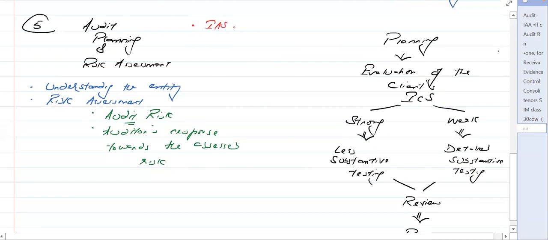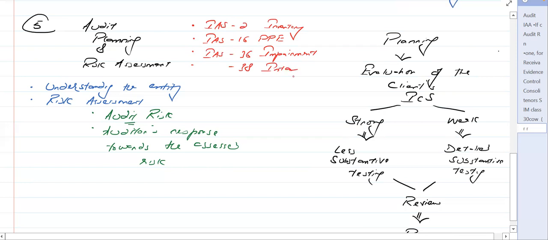So you need to see these things: IAS 2, which is inventory, and then IAS 16, which is property, plant and equipment. And then IAS 36, which is impairment. You should know what impairment is, the carrying amount, the recoverable amount. And then similarly IAS 38, which is intangible assets, particularly the patents, and research and development.